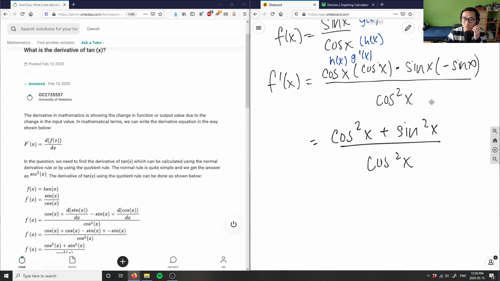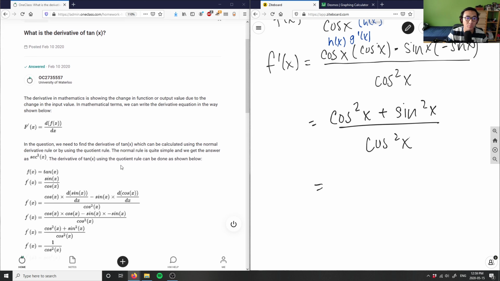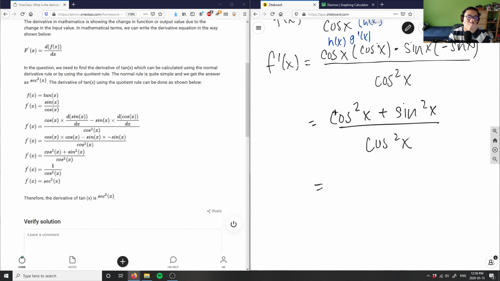So this is going to equal cos squared x plus sine squared x, which is simply 1, all divided by cos squared x.